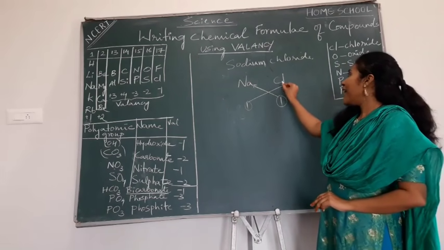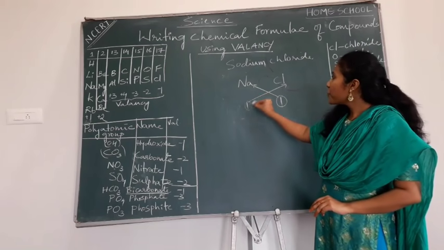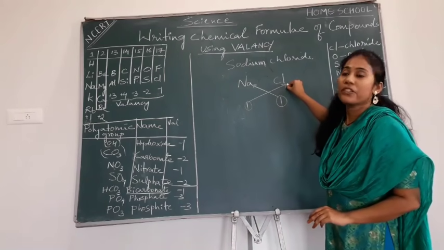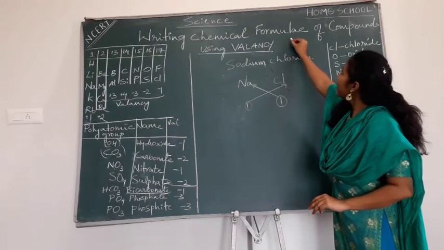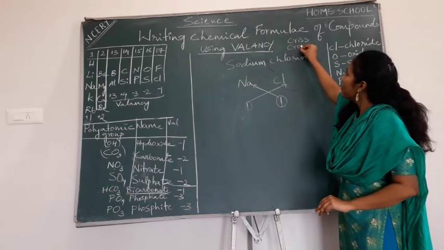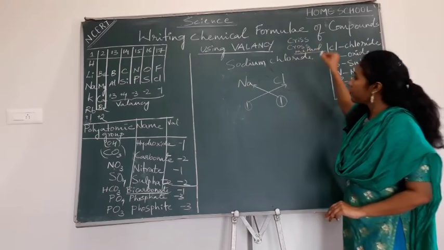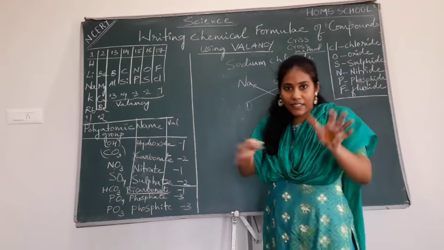The valency of Cl should be written here, the valency of sodium should be written here. That is why we call this the criss-cross method. Crossly we write the valencies.